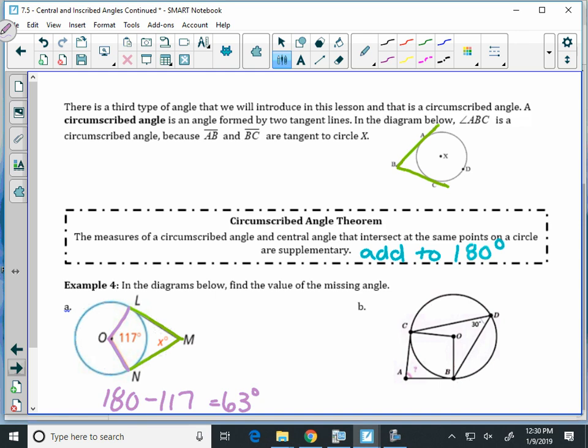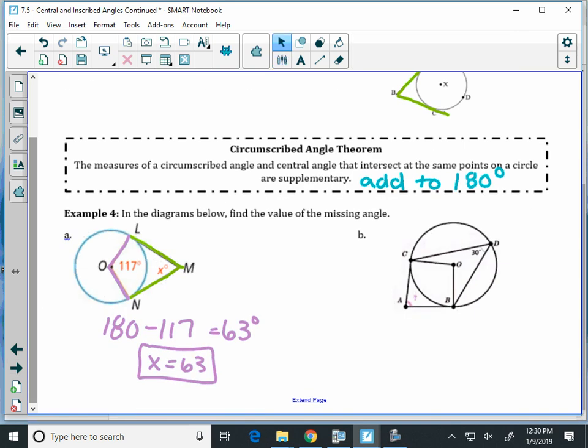Right. And the last one. If we take a look at B, we're trying to find this missing angle right here, which is a circumscribed angle. So I'm going to look at its central angle. Do we know what that central angle is? No, so we have to find it. How can we find the measure of that central angle, Trent?